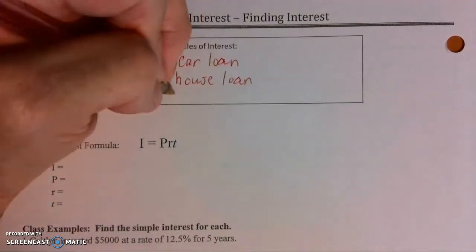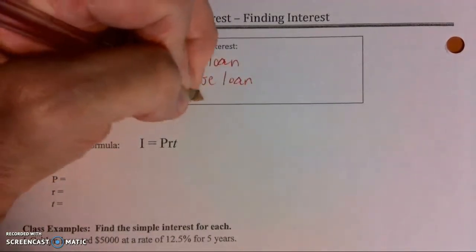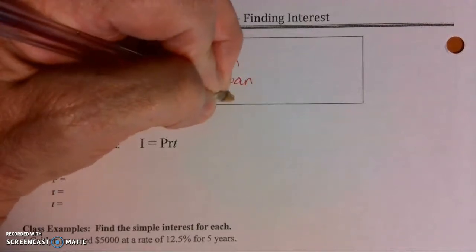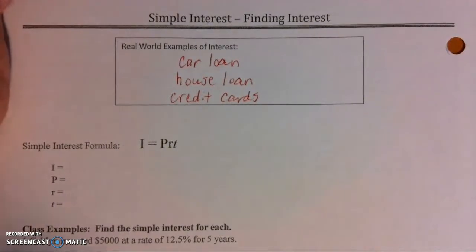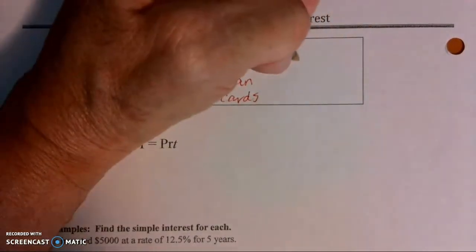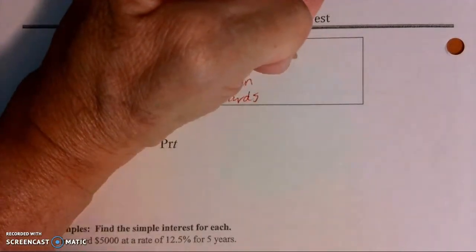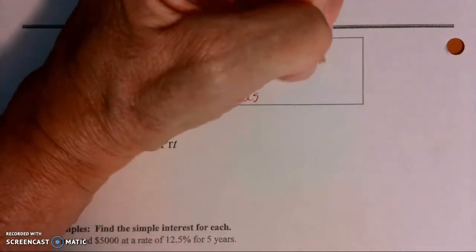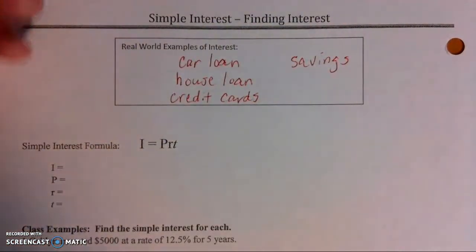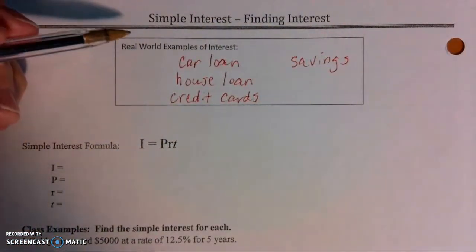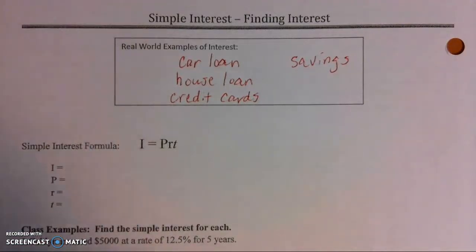If you use credit cards and you let the balance go beyond a month, you're going to pay interest on the amount you use on the credit cards. You also get some interest where the bank actually pays you to save money. So savings also is a way of getting interest. So there are different times where you will be getting interest.